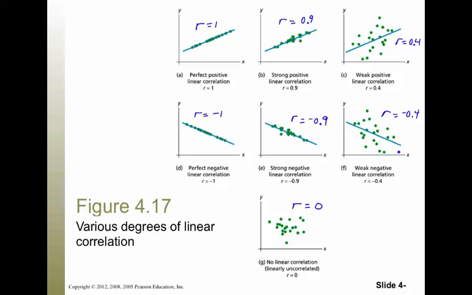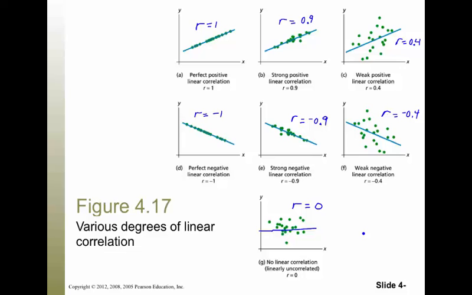And the closer it is to what, the less correlated? 0. So look at 0: there's no correlation here. X is not predicting Y. Rather, maybe the best predictor we have of the Y variable is just the mean of Y. So the closer you are to 0, the less correlation you have.